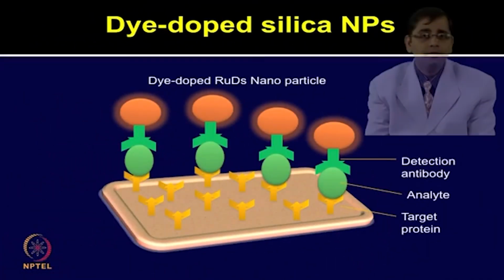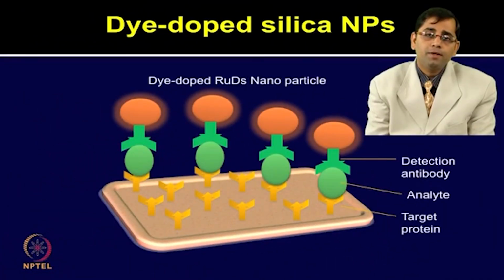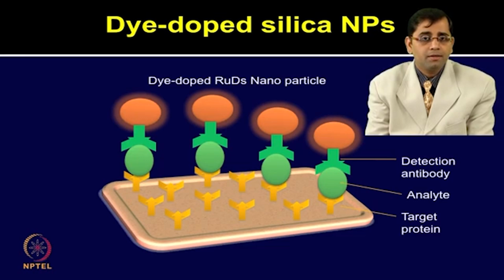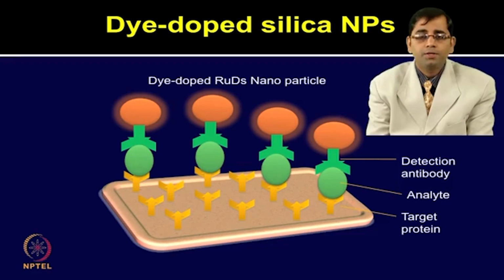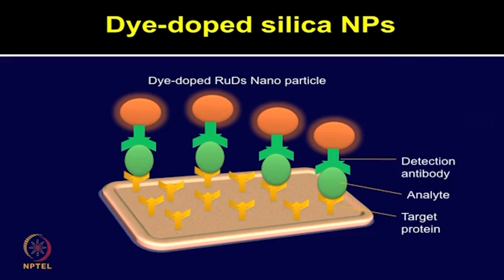As shown in this slide, the silica based nanoparticles have a large quantity of fluorescent dye packed inside the matrix, and can be used for selectively labeling protein molecules for detection of biomolecular interactions.